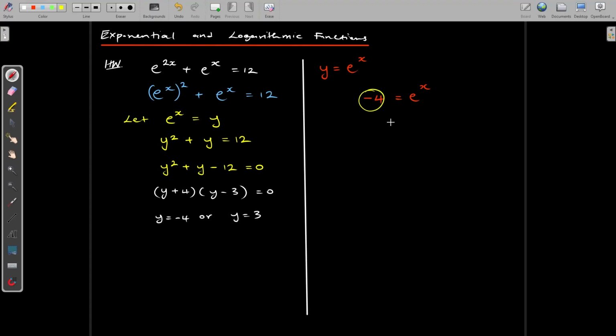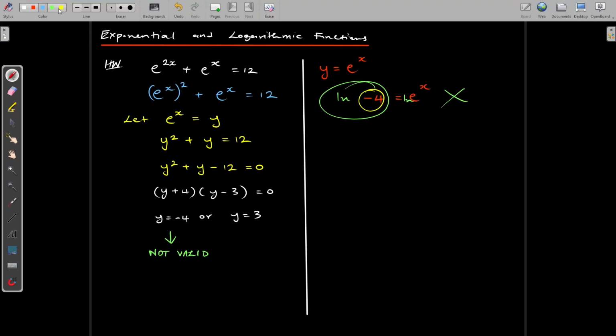And as Jaysha mentioned, we can't take the ln of a negative number. So therefore, this negative 4 would be a no solution, not valid, because we'd have to take ln of both of these sides, and we can't have the ln of a negative number, so that is not valid.